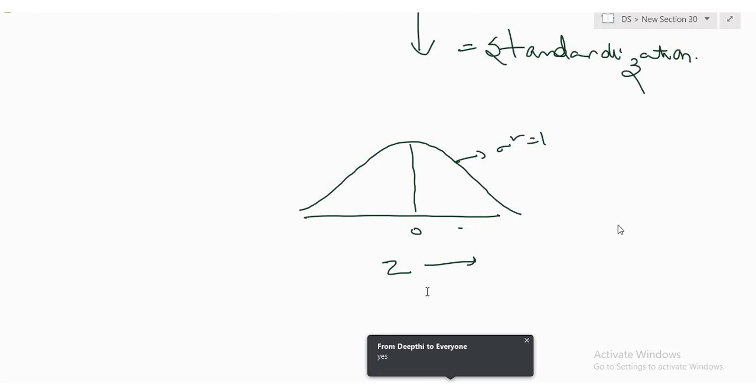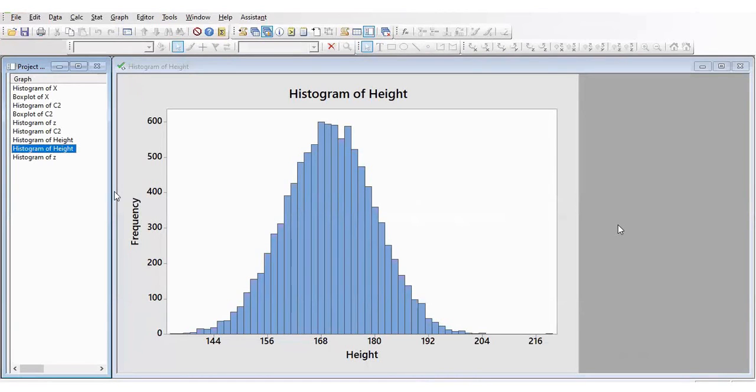There are so many transformations which you are going to learn. So this is one of those. Statistically, this is called standardization. No need for you to use the word transformation, that's okay, but you need to call this standardization only. Clear?